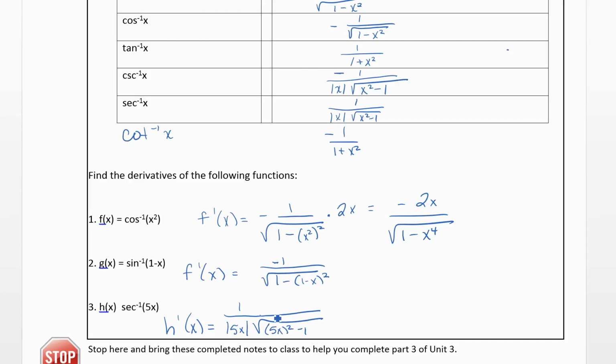Now we need to multiply by the derivative of 5x, which is just 5. So we'd have 5 over, we can actually pull the 5 out of the absolute value. And now you'll see that we have 5's in the numerator and the denominator, so we can cancel those out and just put a 1 there.